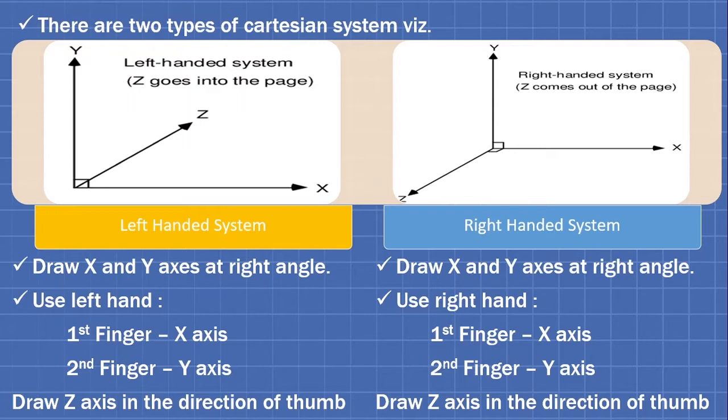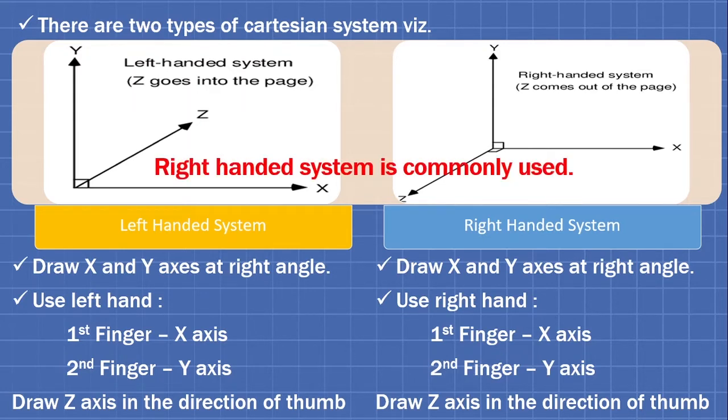You can verify in both figures. In the first figure, the left-handed system, the z-axis is going inward into the screen, and in the right-handed system, for the same selection of x and y axes, the z-axis is coming out of the screen. As I said, the right-handed system is commonly used. However, it will make no difference in any calculation if you select the left-handed system.